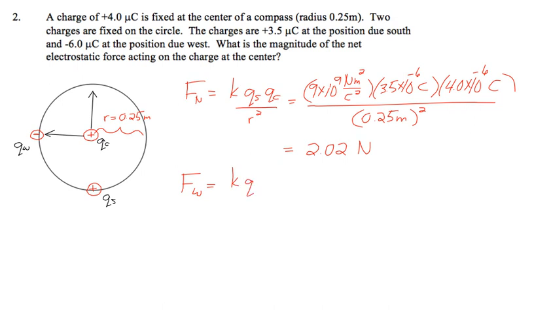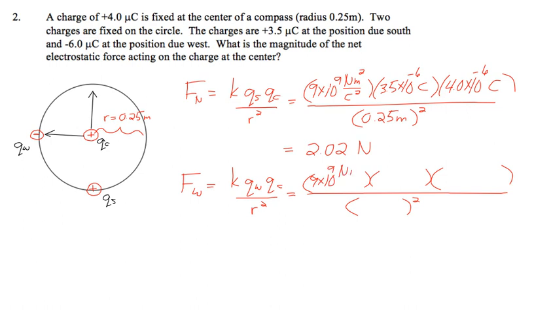One of the Q's is Q west, and the other is Q center, over R squared. So K, the two Q's over R squared. So the K is 9 times 10 to the 9th newton meters squared per coulomb squared.